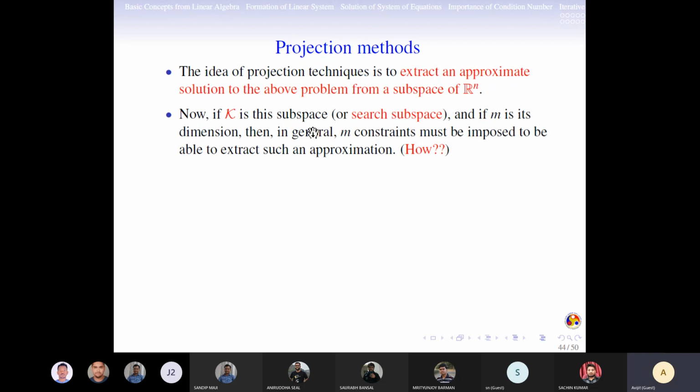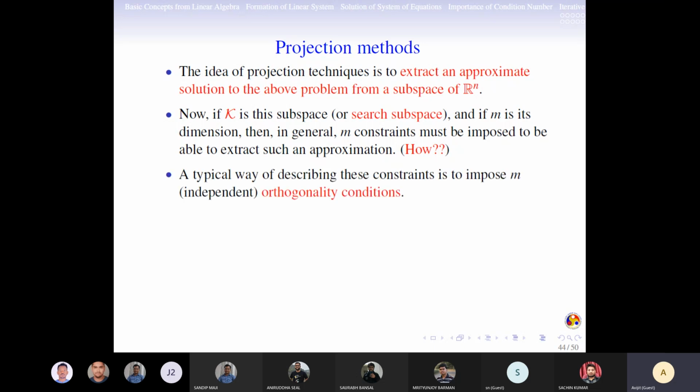Suppose script K is the search subspace from where you will extract the solution, and suppose the subspace has dimension m. In general you need m constraints to be imposed, because you want to extract the approximation from an m-dimensional space. But how can you impose those m conditions?